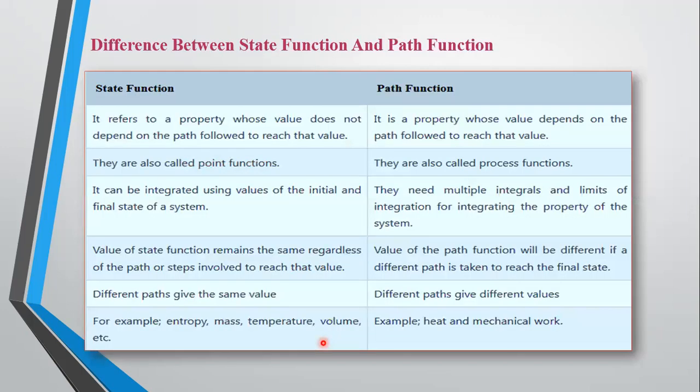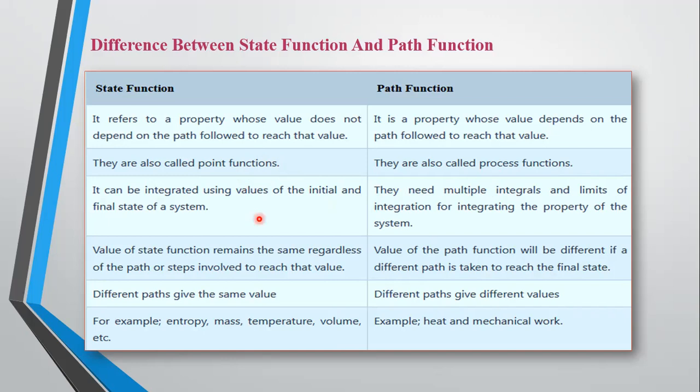Now let's talk about some differences between state functions and path functions. State functions are properties whose value does not depend on the path. Path functions are totally dependent on the path taken to reach that particular value. State functions are also known as point functions, and path functions are also known as process functions.